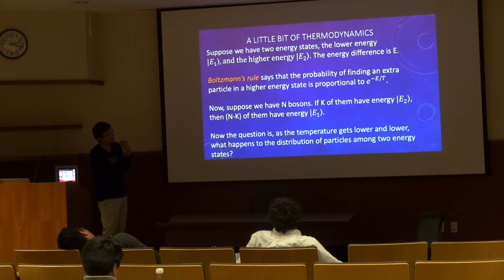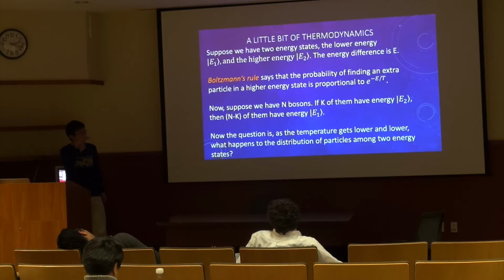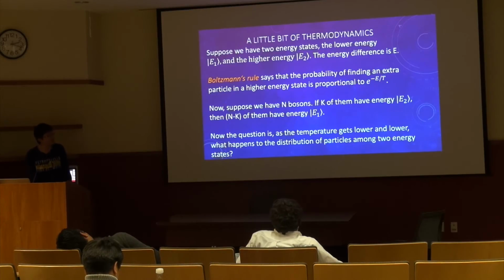Because E over T will approach infinity. And then e to the minus infinity would give you 1 over e to the infinity, basically 0, very close to 0. So the probability of finding an extra particle in a high energy state, if it's proportional to that quantity, is going to get really, really small if T becomes really, really small.